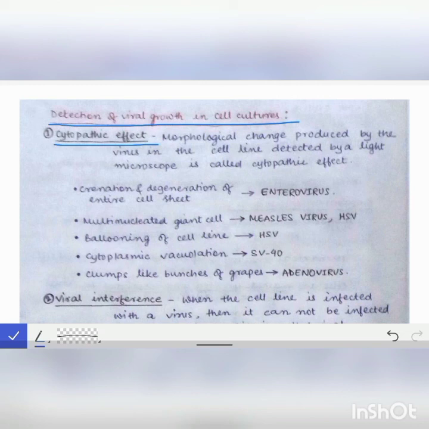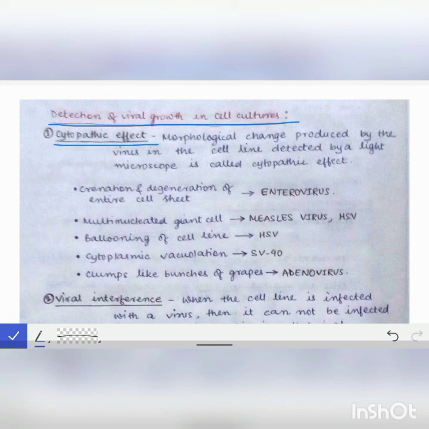There are certain cytopathic effects which we should remember. These are particular cytopathic effects which are seen only in particular viral infections. These cytopathic effects lead to initial derivation of the viruses which may have been inoculated into that cell line.